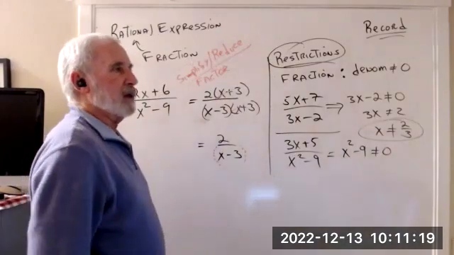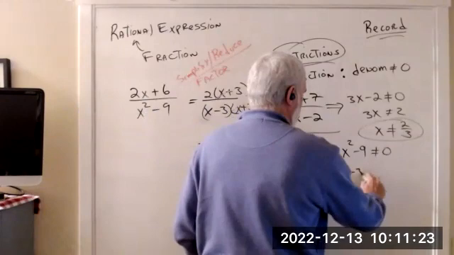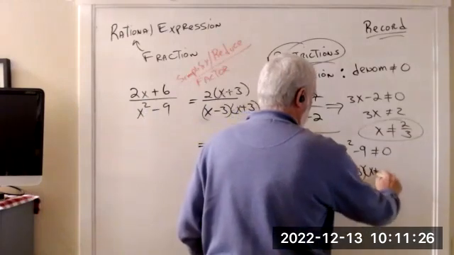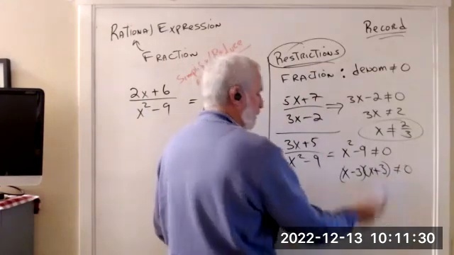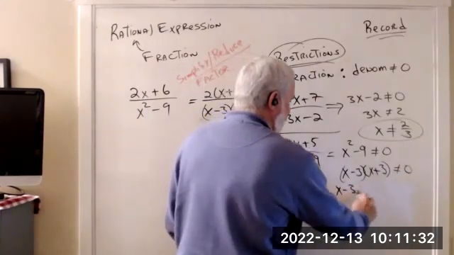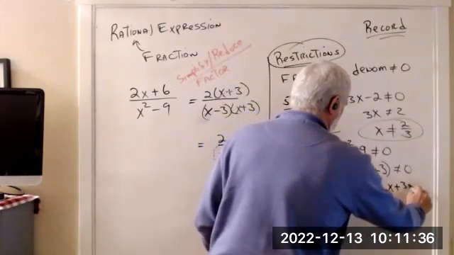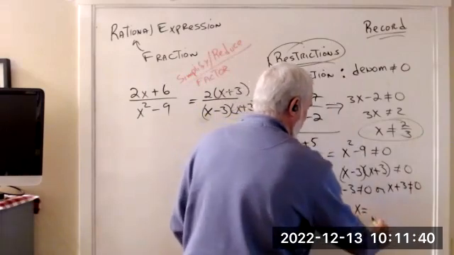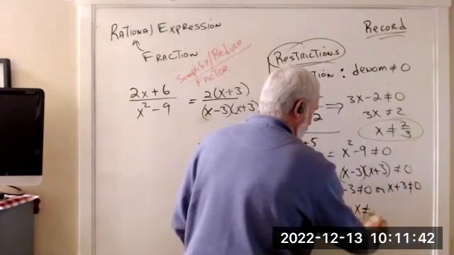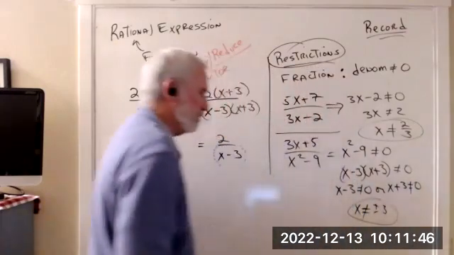Because it's a power equation, we can factor it. x minus 3, x plus 3 cannot equal 0. Then we split it up and say x minus 3 can't equal 0, or x plus 3 cannot equal 0. We get two answers, but basically it's x cannot equal plus or minus 3.